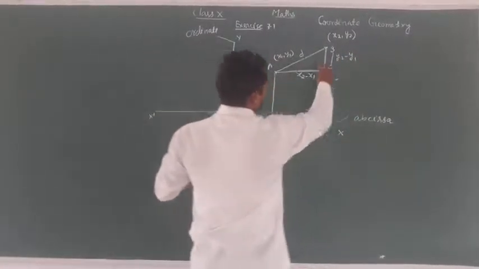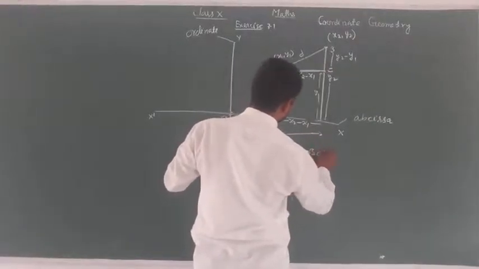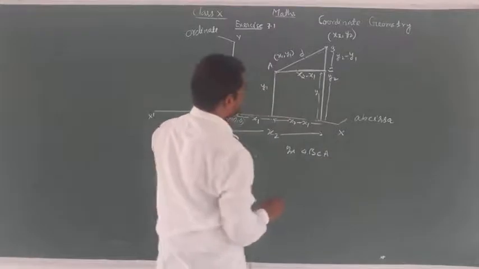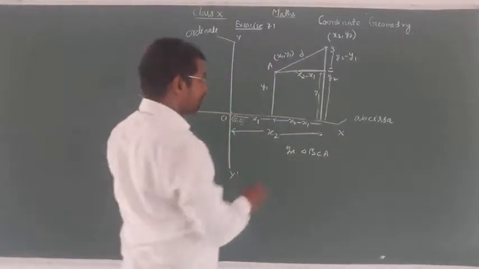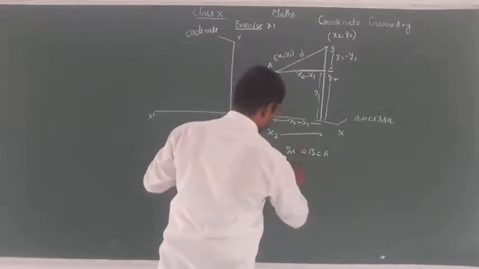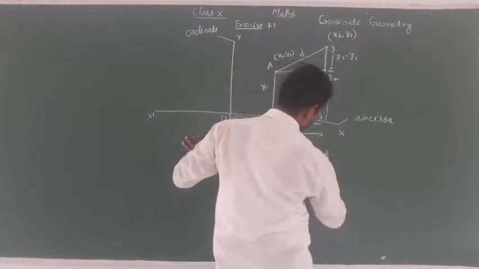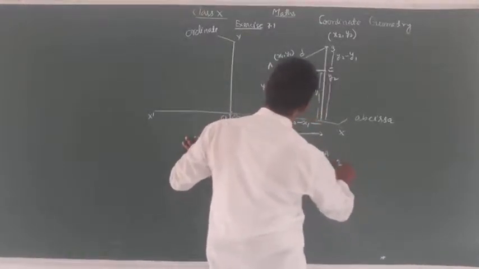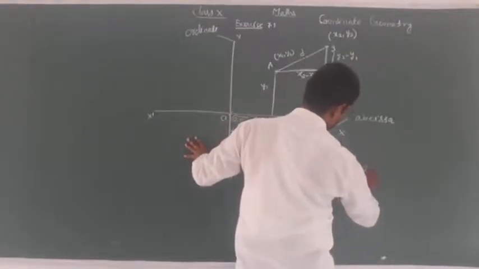So now in triangle BCA, with the help of the Pythagoras theorem, the square of BC plus the square of AC is equal to the square of AB.